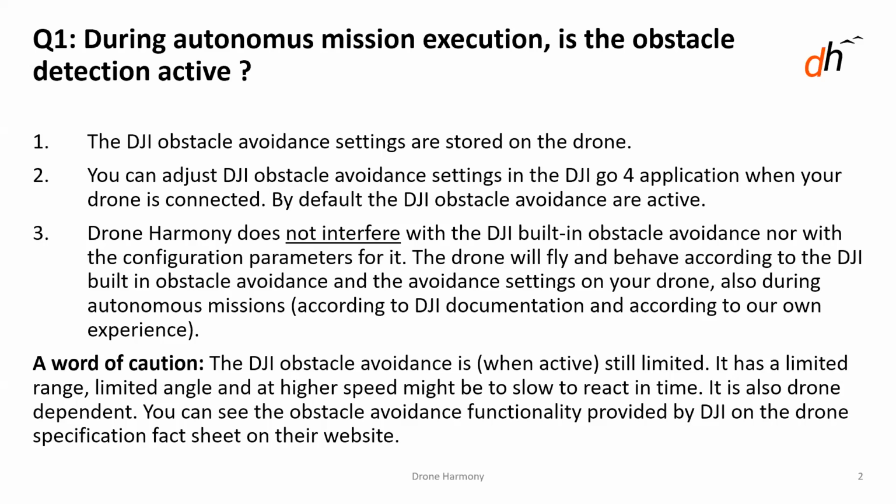If you're unsure about the safety of your flight and you're not sure that you have all your obstacles covered, it's advised to fly missions initially slowly and then increase the speed of your execution if you see that the flight is safe. Because if you fly slowly, the obstacle avoidance sensors will often have enough time to kick in and to save you in case something is going to happen.